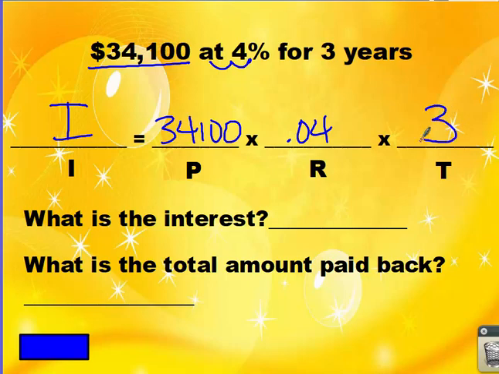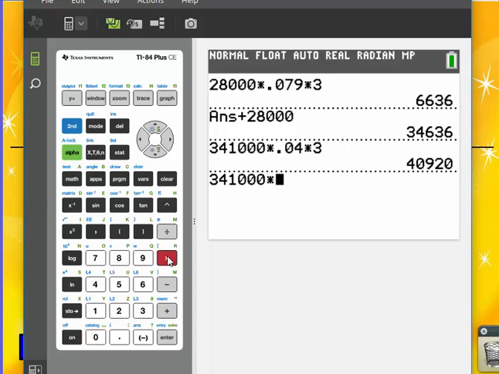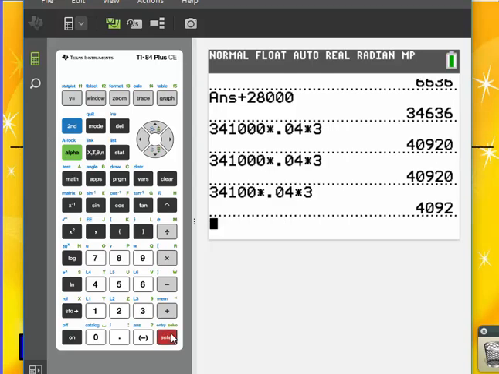Okay, so we go to our calculator. We type in $34,100 times 0.04 times 3 years equals, oops, I think I had too many zeros in there. Let's try that again. 34,100 times 0.04 times 3 equals, $4,092.